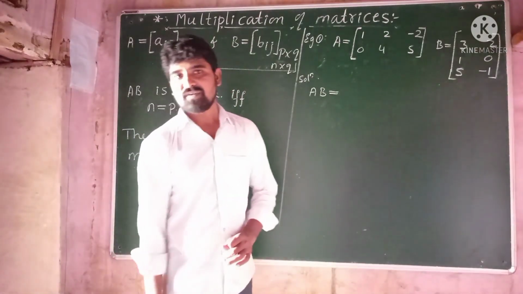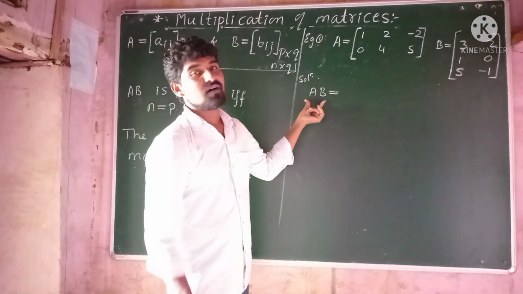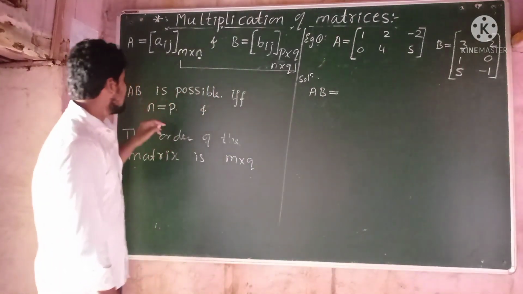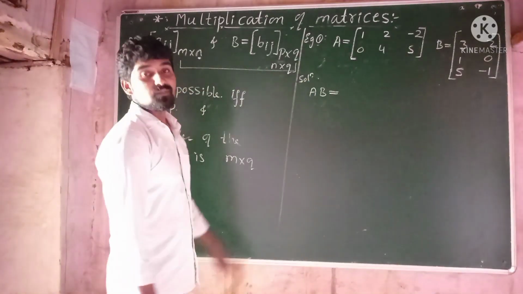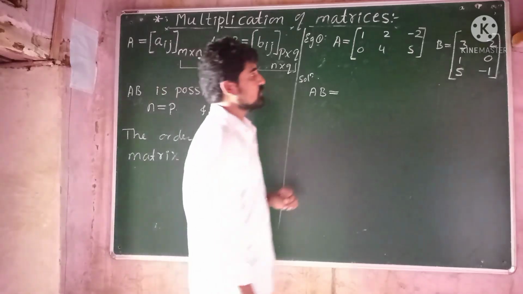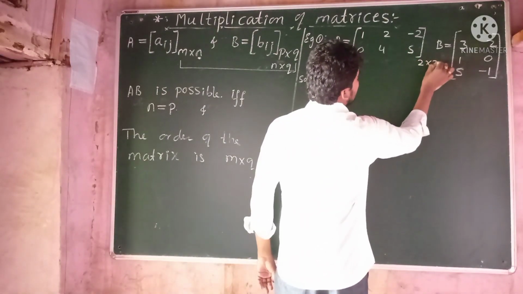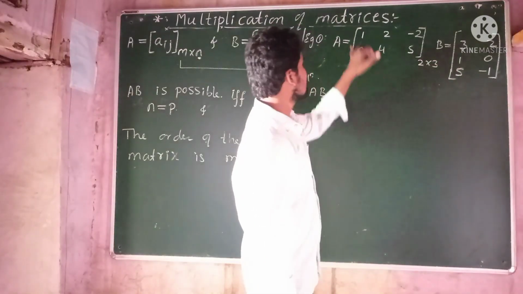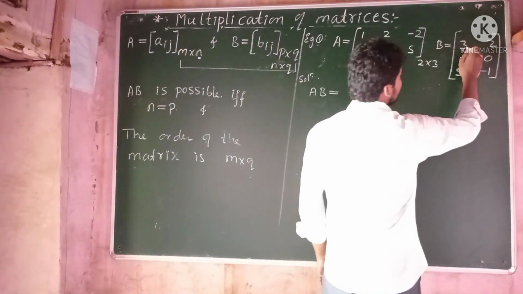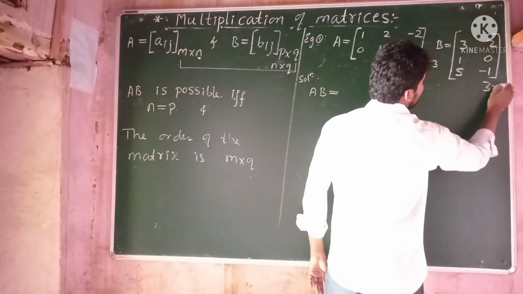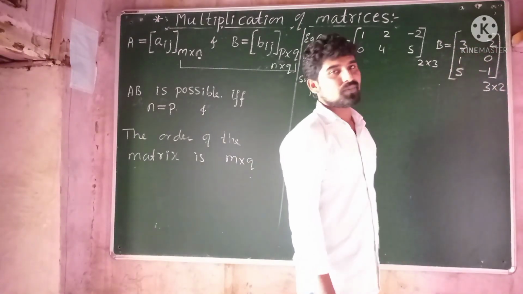First we need to identify whether the AB matrix is possible or not. For that we need to check whether the number of columns in the first matrix is equal to the number of rows in the second matrix. The order of the matrix A is 2 cross 3, because there are 2 rows and 3 columns. And the order of the matrix B is 3 cross 2, because the number of rows is 3 and the number of columns is 2.